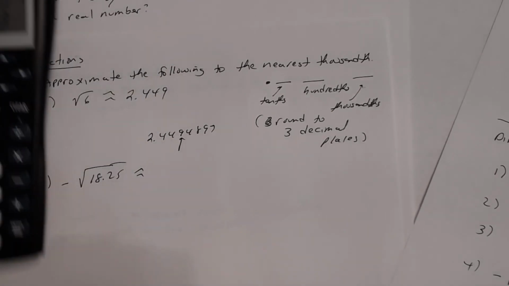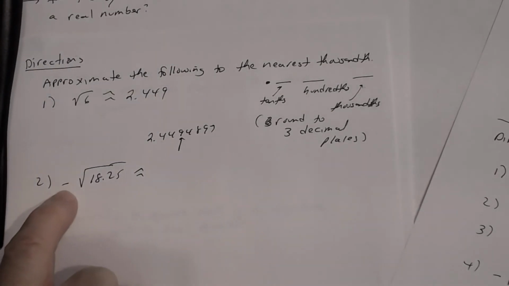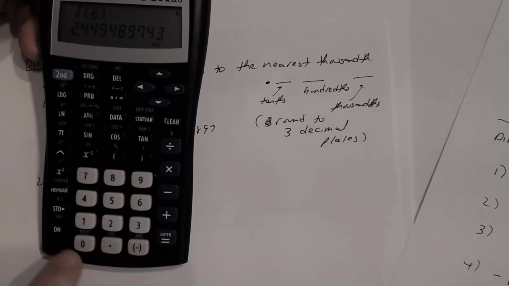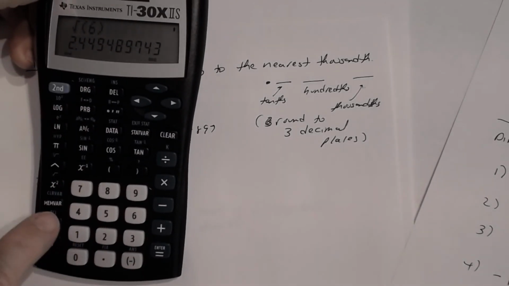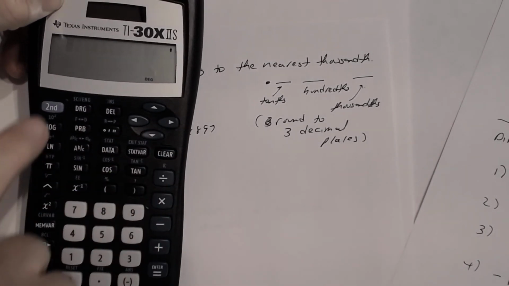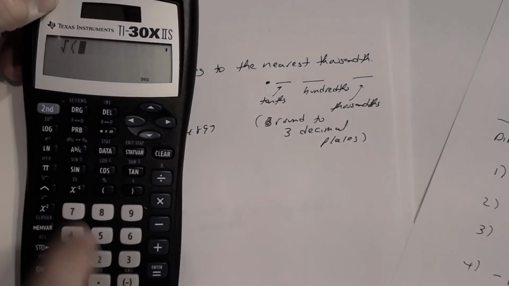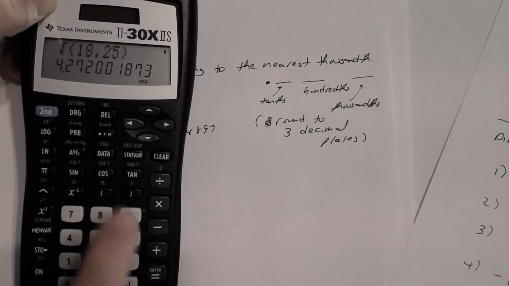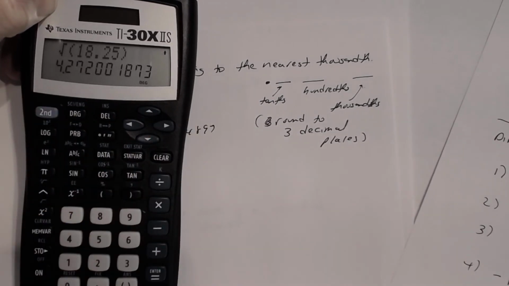In your calculator, you know the answer will be negative, right? So just take the square root of 18.25. Press second, square root, then 18.25, close the parentheses, press equal, and notice I get this irrational number.